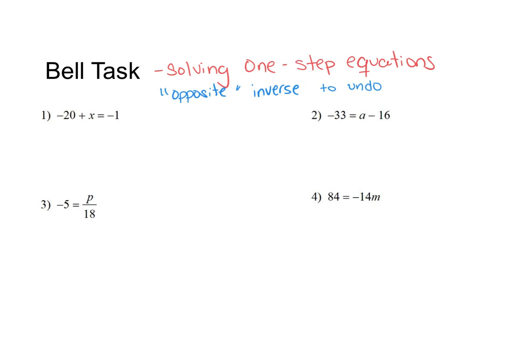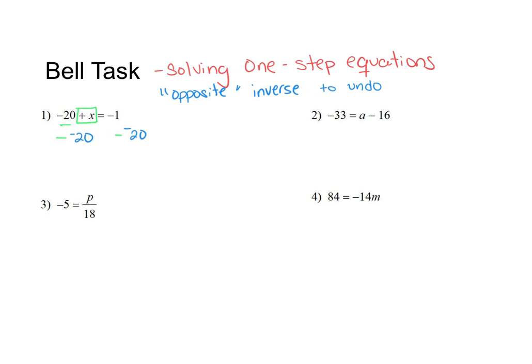So for example, we want to look at problem 1 and we want to identify what operation we did to the variable. Well, it looks like we added negative 20, so we want to do the opposite. The opposite of adding is subtracting, and we are dealing with the number negative 20. And we want to do that on both sides of the equal sign.